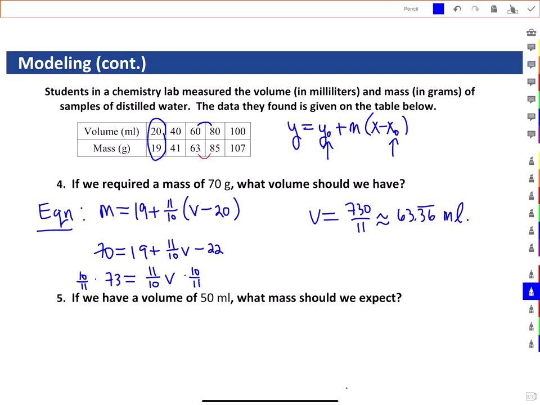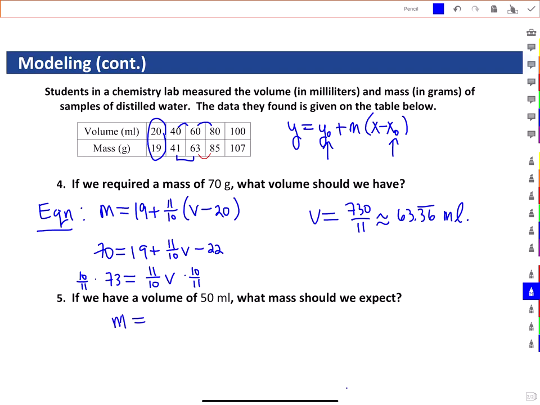Last problem. If we have a volume of 50, so that means I'm going to be plugging that in for my V, what mass should we expect? So again, let's look up here at the table. 50 in our volume falls in here. So that means I'm expecting my mass to be somewhere between 41 and 63. So let's crank this out and see what we get.